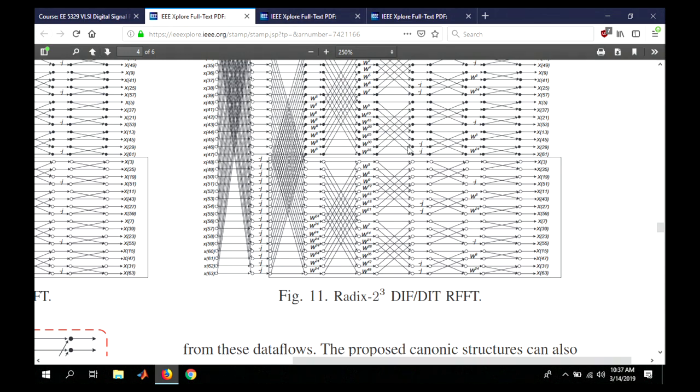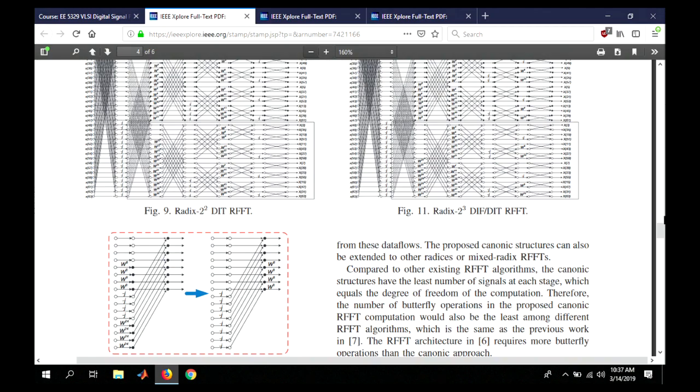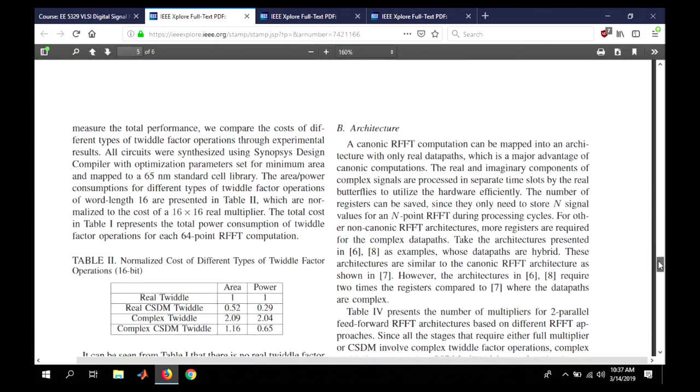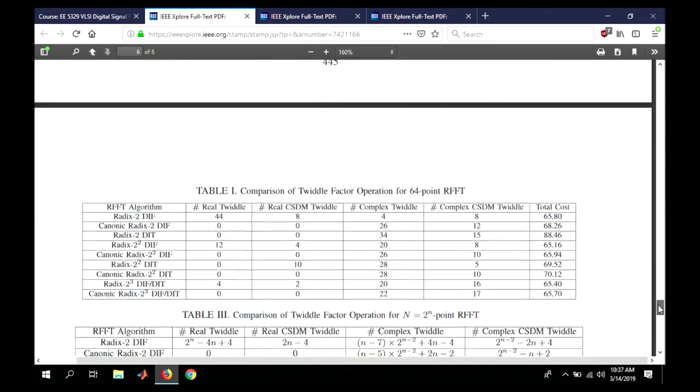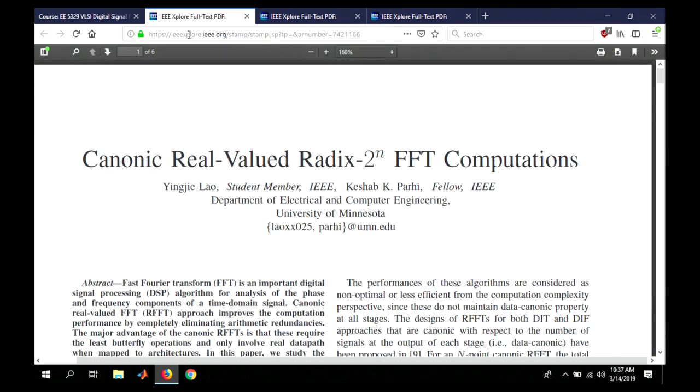So radix 2 cube means now 1/3 of log n stages are full blown twiddle multipliers, 1/3 of them have simply no multiply, and the remaining 1/3 have canonic sign digit. Okay, so let me spend a little time now that we have introduced a number of these ideas. Read these papers.